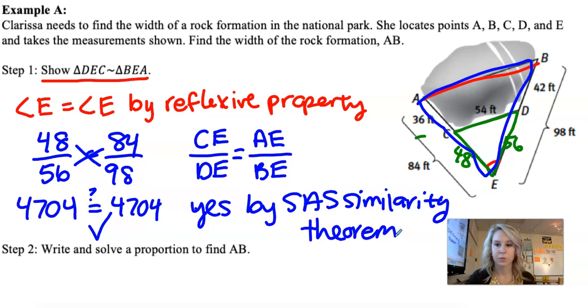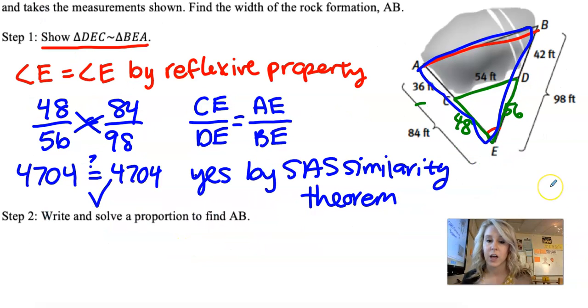Okay, so first off, before you solve a problem, you have to first make sure they're similar. So again, if you have an overlapping triangle where they're touching, they're going to be the same angle. So that will be the reflexive property. And then I just checked two sides to see if they are proportional by doing part over part equals whole over whole. They do end up working out, so they are similar. So now I can write a proportion and solve for AB.